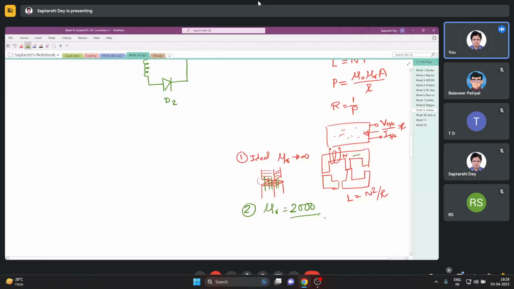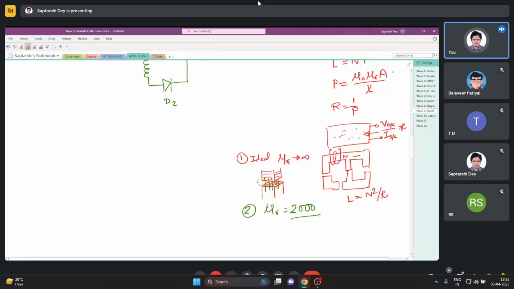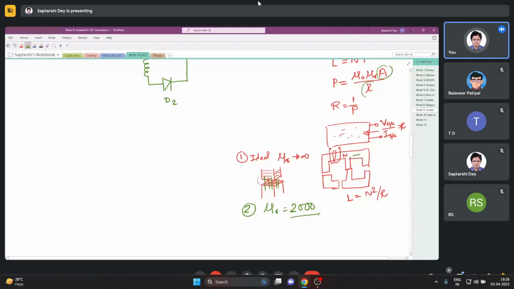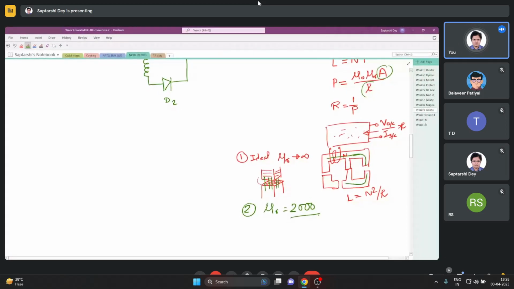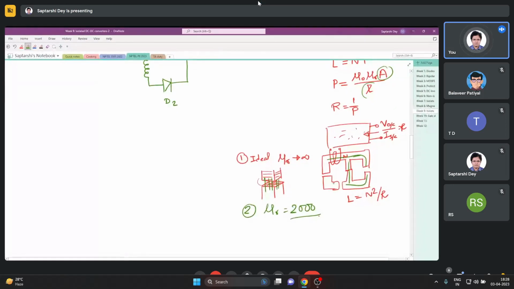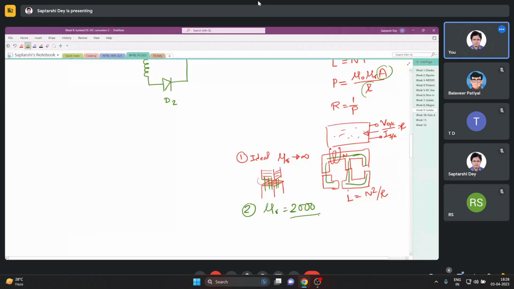Again, that will depend on the area of the core, and how much length the flux has to flow along this path, this path, this path. So this whole geometry decides the permeance that this coil sees sitting here. Whatever number of turns you have, permeance times n squared will give you the inductance.